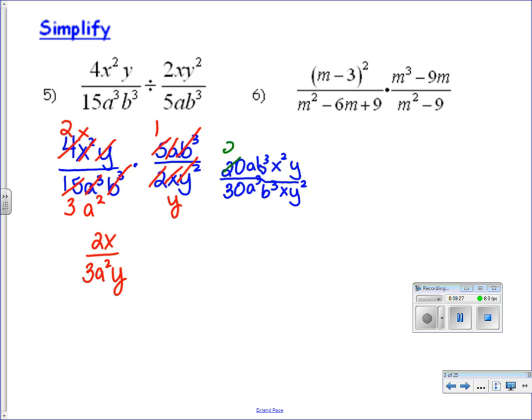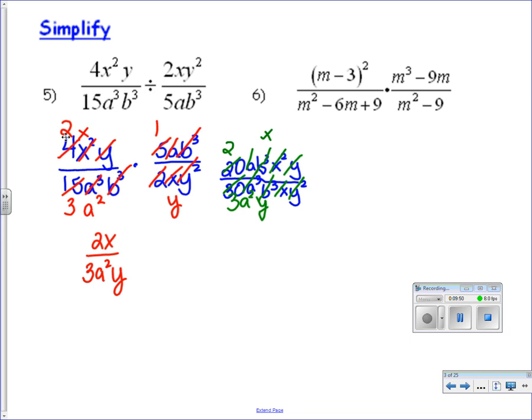I can take away 10, and again, cancel an a, so there'll be 2 left. The b's are gone. Take away, there'll be 1x left on top, and then 1y left on the bottom, and you'll get the same answer. So if you like multiplying across, go ahead and do that, and then reduce. I just don't like to do it that way. So there's 2 different ways to do that.